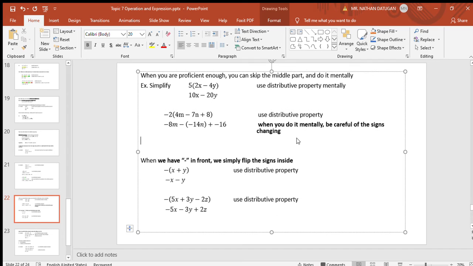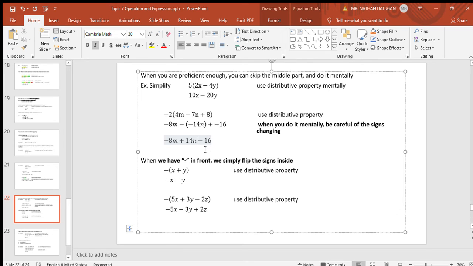Or you can simplify this into negative 8m plus 14n minus 16. Either way is correct, but I just want to show you the steps so you guys don't get confused jumping from one to another.